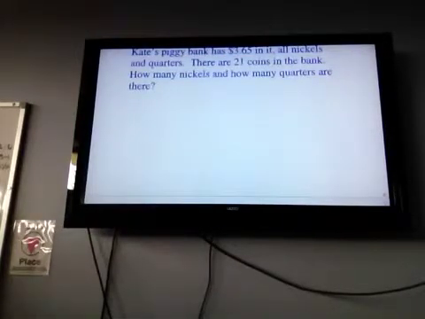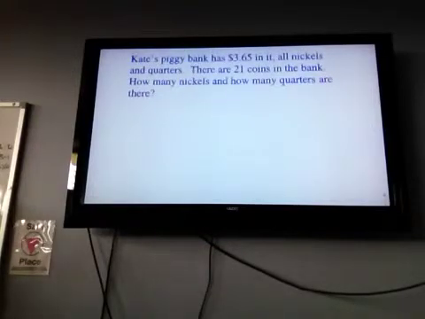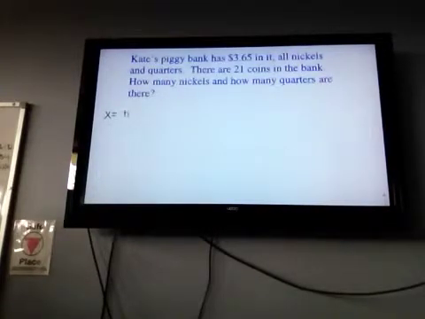So again, when we're looking at what our variables represent, we're looking at the final question. How many? A quantity, okay? So how many means x and y represent the number of them. So the number of nickels and the number of quarters.